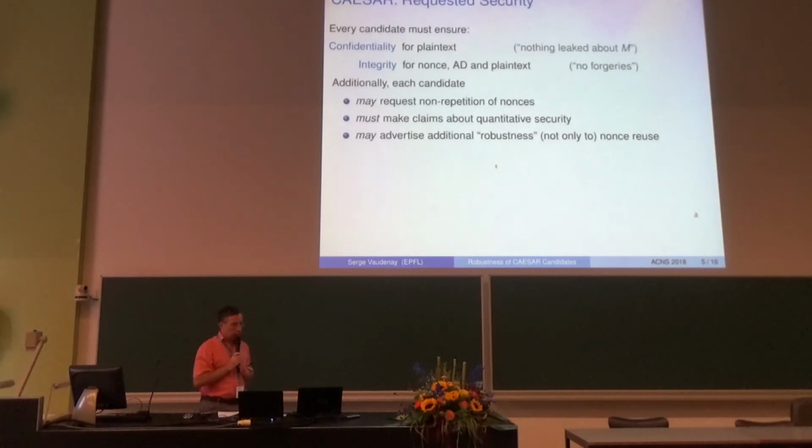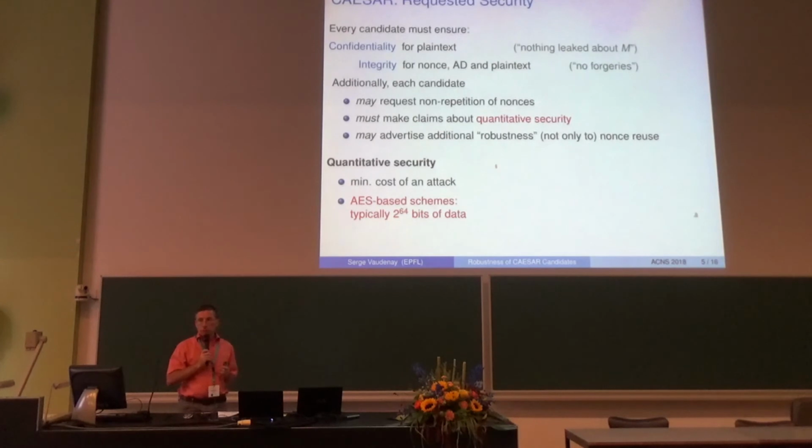They should make some claim about the security, some security assessment, which is quantitative. Quantitative means the cost of an attack to succeed: how much time it costs to break the scheme, to break confidentiality or integrity, and how it compares with things we are familiar with, typically a brute force attack against AES.